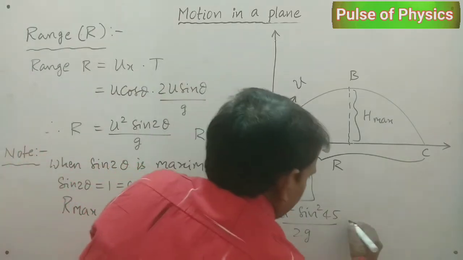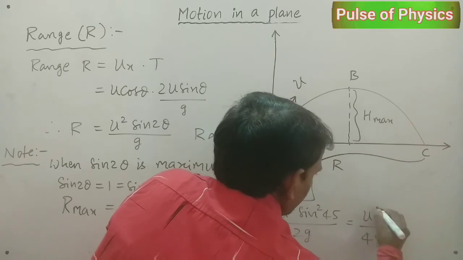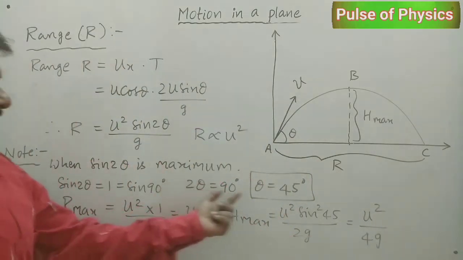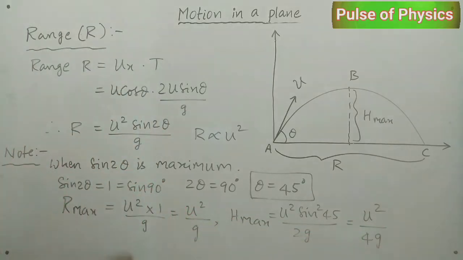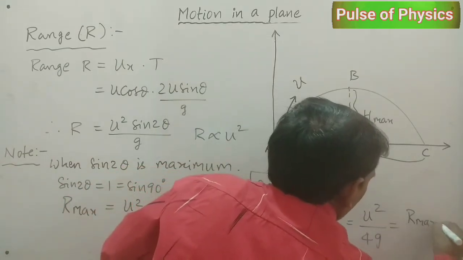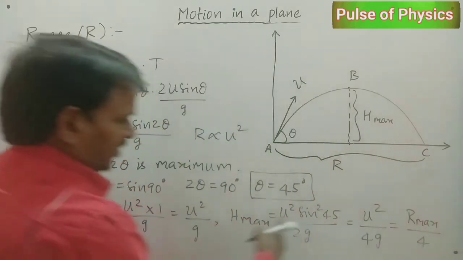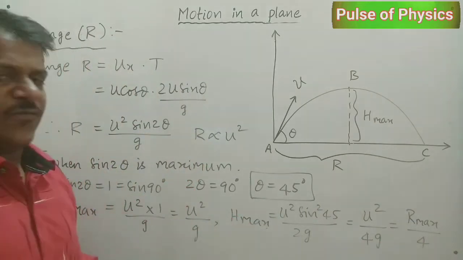So we will get u square by 4g in this case. Theta is 45, then H maximum is u square by 4g, R maximum is u square by g. We can relate these: R maximum by 4 is equal to H maximum, H maximum is equal to R maximum by 4.